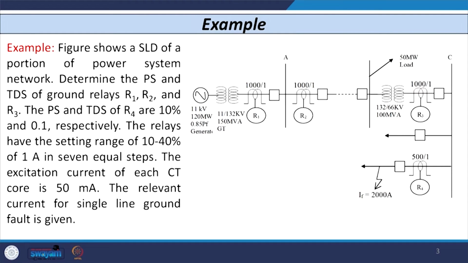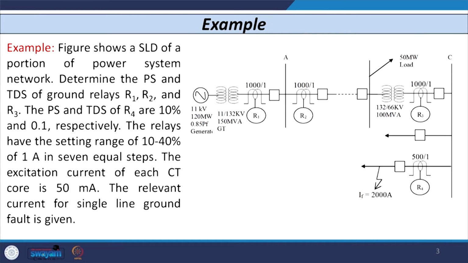Here, instead of giving fault MVA at different buses, only the fault current at the respective bus is given. For example, the fault current immediately after relay R4 is given as 2000 ampere, and the other cases are also given.